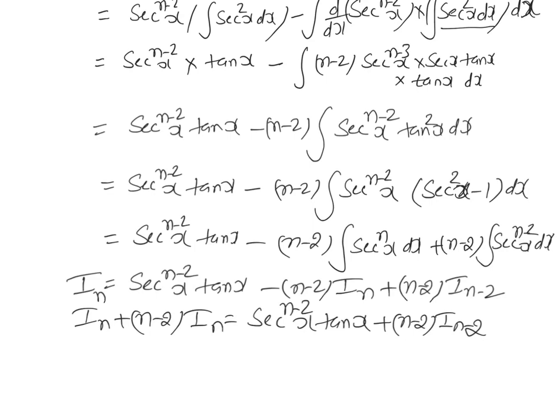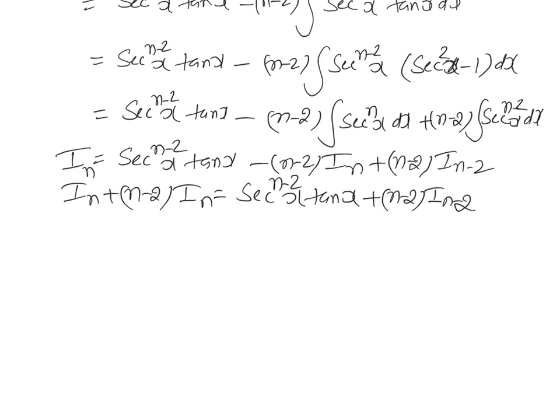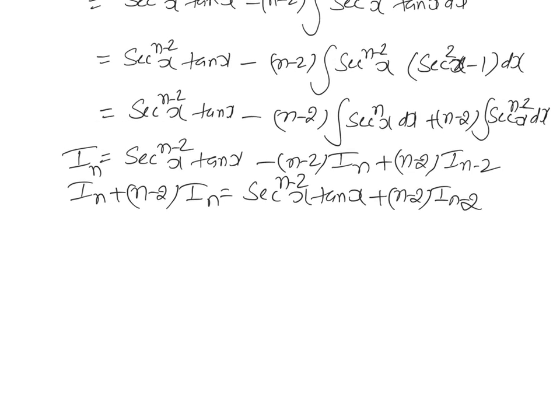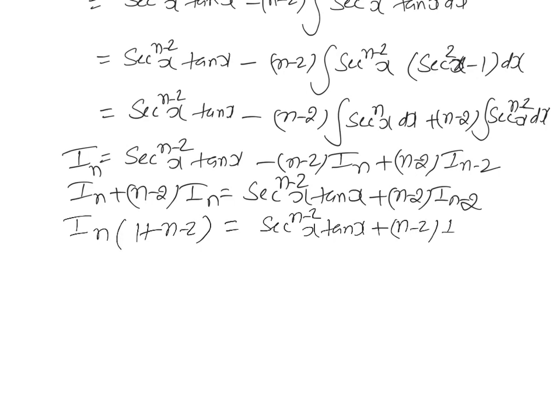Now see what we do. We take I_n common: (1 + n - 2) I_n is equal to secant^(n-2) x tan x plus (n-2) I_(n-2), okay.